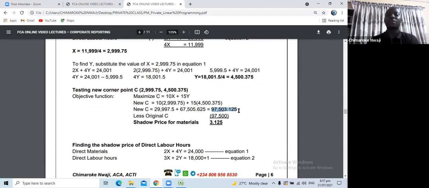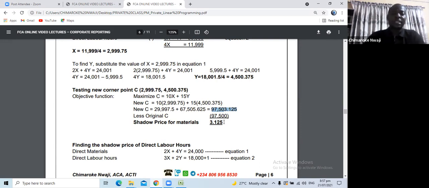That is the new contribution when we have increased the constraint by one, direct materials. Now, when you less the original answer we got before, our shadow price for materials is now 3 naira 0.125.